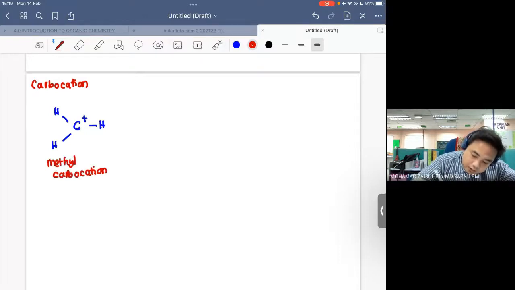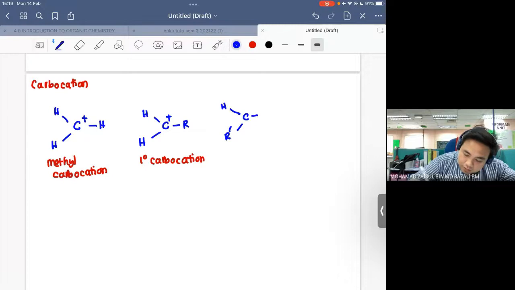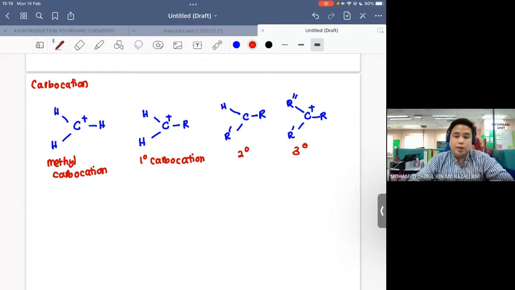Now, if I replace one of the hydrogen with an alkyl group, this we call a primary carbocation. If I replace another one with another alkyl group, this I call secondary. And if surrounding the C plus we have 3 different alkyl groups, this I call a tertiary carbocation.